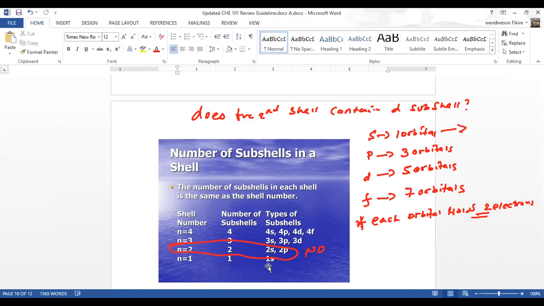That'll be 2. How many electrons are you going to expect from the p orbital, the maximum? Because p has 3 orbitals, each orbital holds 2 electrons, that'll be 6. How many electrons, the maximum, do you expect from the d orbitals? 10. And how many electrons do you expect from the f orbitals? That'll be 14.